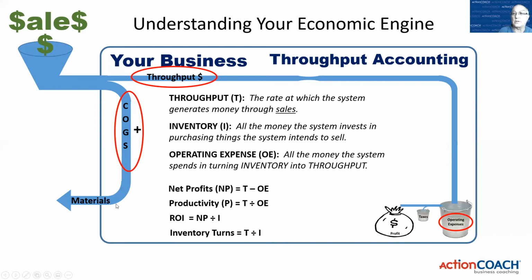So throughput dollars, do we want more or less? We want lots more. That's our biggest leverage for making money, right? It's bringing in more revenue through sales. So number one focus, get throughput dollars up. Number two focus, drive inventory down, the cost of producing your product in terms of materials.